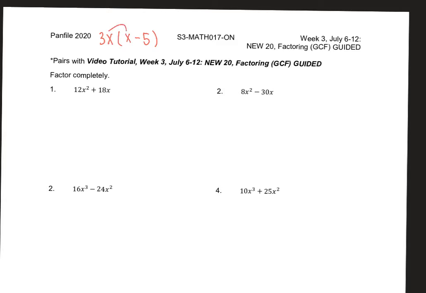And we went like this, and then we got 3x squared minus 15x, right? And I even went so far as to draw the 2 lines, right, as our in-between step. So we started here. This was our start, and this was our end.